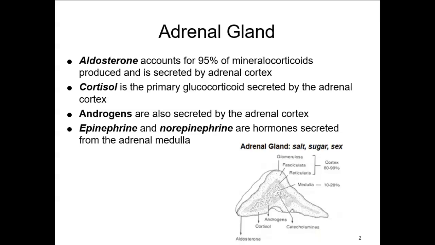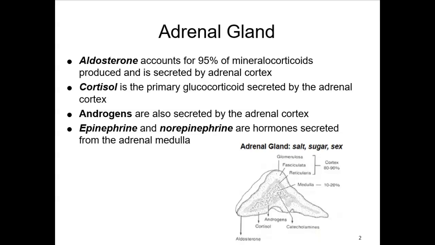And our catecholamines, epinephrine and norepinephrine, which are involved in fight or flight, are secreted by the medulla. There's a negative feedback loop that works with this, just as we had learned previously. But the mnemonic that I've always learned about the adrenal cortex is salt, sugar, and sex. That just tells you what is secreted by the cortex.